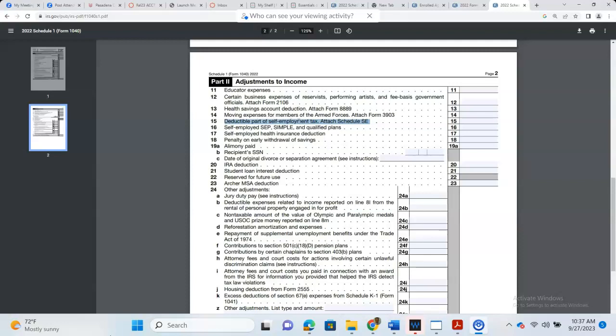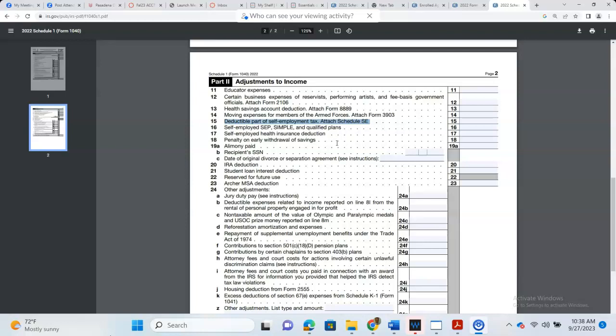This is self-employment tax. Since we are here, it's good to know, or at least review it. When you do Schedule C, you have to pay the complete Social Security and Medicare taxes, which is self-employment tax.